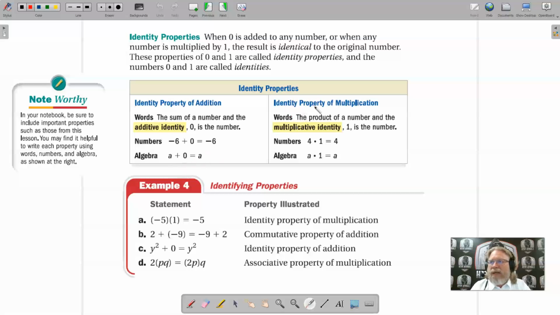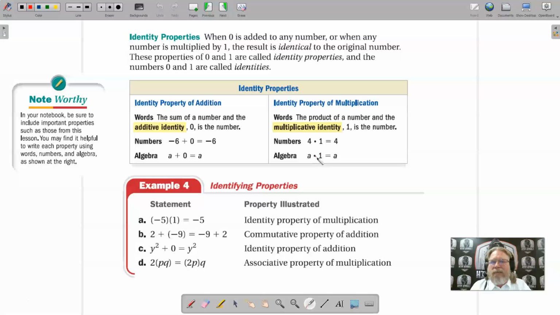Also, with the identity property of multiplication, the product of a number and the multiplicative identity, which is 1, is that number. So 4 times 1 is 4. Anything times 1 is equal to itself. In algebra, we say a times 1. Any number a times the value of 1 is going to equal a.